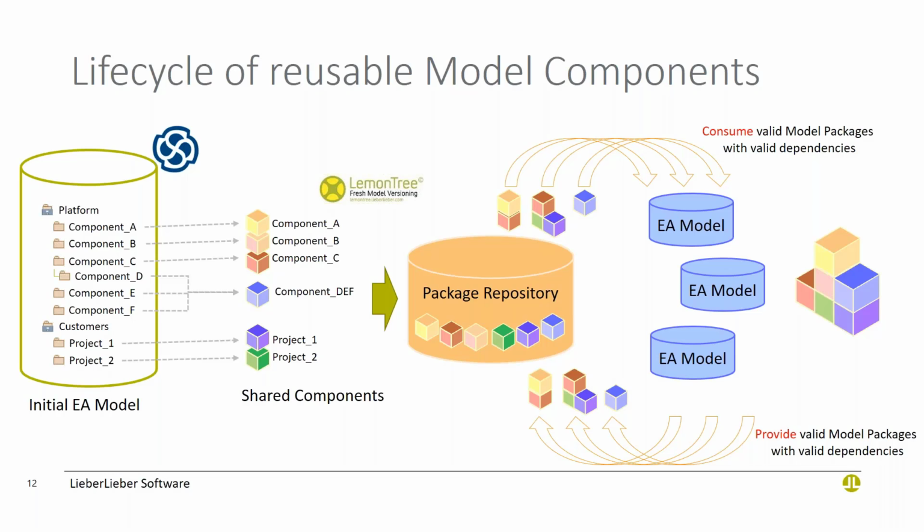Interestingly, the LemonTree concept is very heavily influenced by software engineering and the best practices in software engineering. We use methods that work well in software engineering to manage the models, which would be Maven or NuGet, typically package management, component-driven software development.